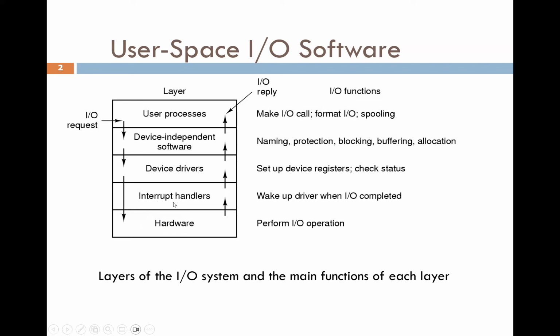Here it performs the IO operation and goes back in the reverse direction, and then the IO reply is given. So these are the layers of the IO system and the main functions of each layer. This we can call user space IO software.